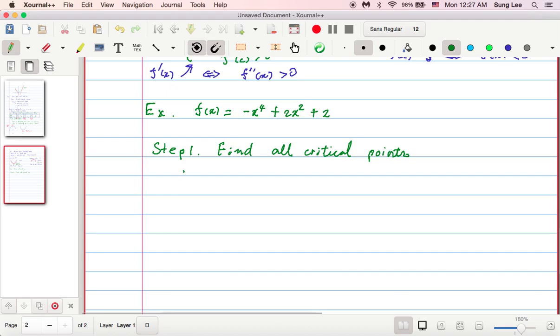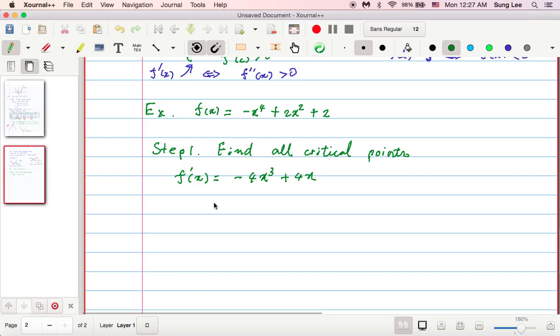Okay, so for that, f prime of x, that's gonna be negative 4x cubed plus 4x, that's it, right? Okay, 2 is constant, so it goes away.